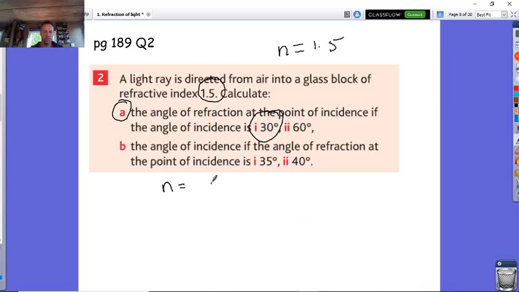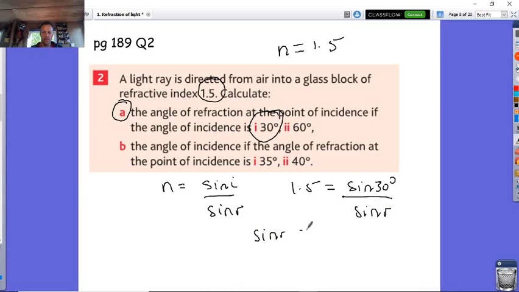So you state your formula first of all. n is equal to sine I divided by sine R. I know n is 1.5. In the first one, it tells me the angle of incidence is 30 degrees, so sine 30 degrees, and your sine R is unknown. So you rearrange the equation. Sine R is then sine 30 degrees divided by 1.5.